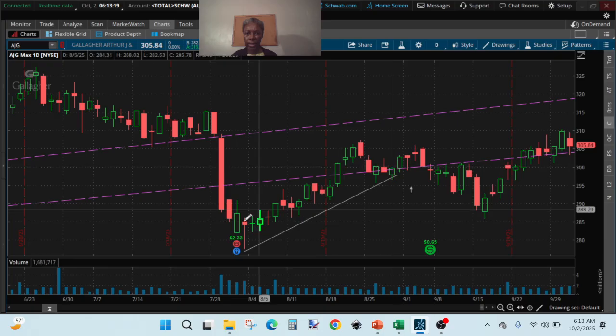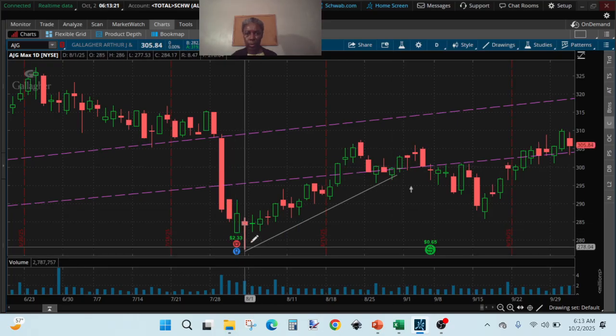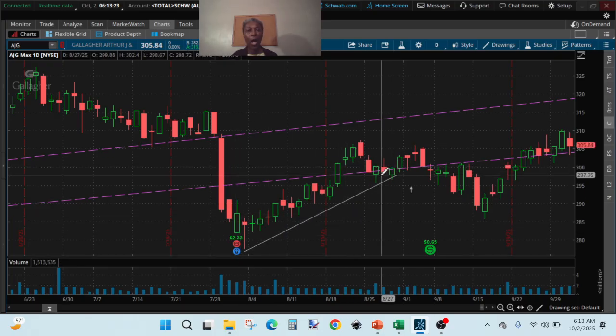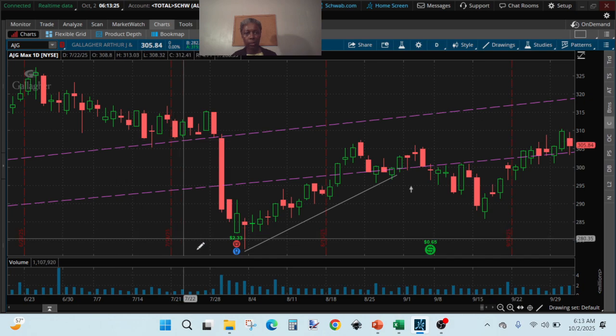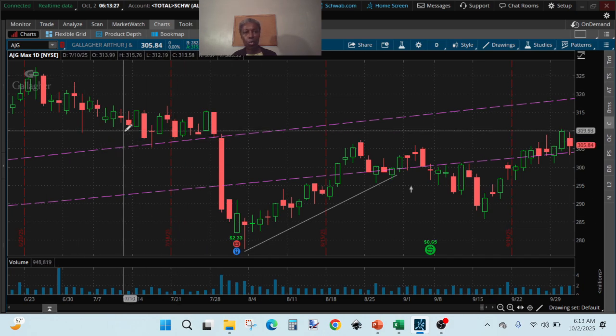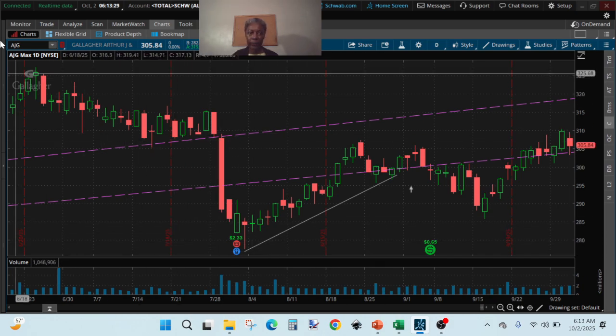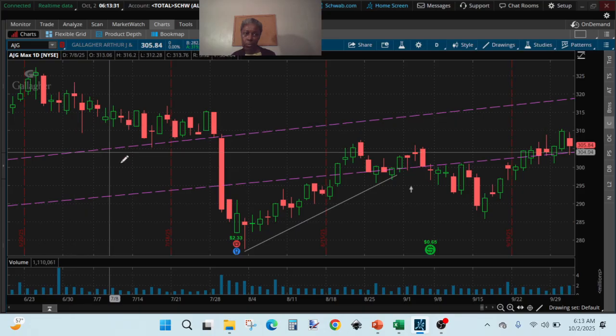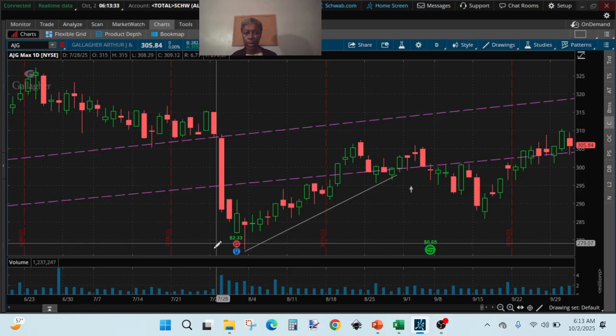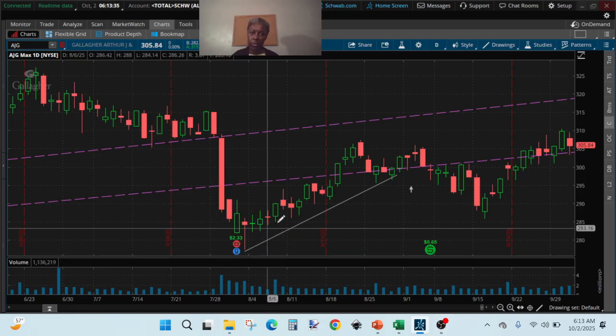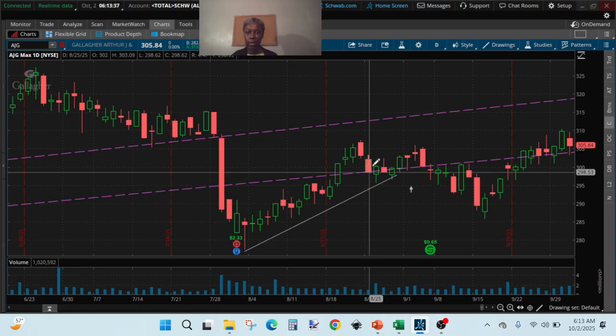So we bought it, we traced this line because we are following it, looking for higher lows, because when it was coming down to the line, it was making lower lows. If you connect those red bars, it's going to be a downtrend. Then when we connect those red bars, it's kind of uptrending here.